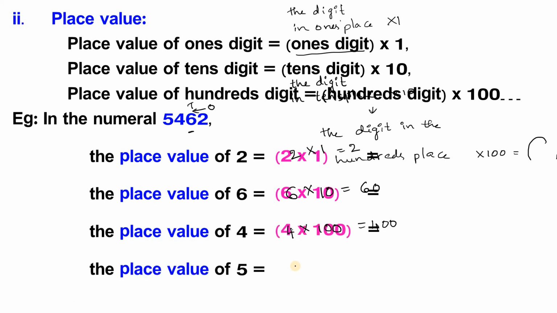Thousands place. So we should multiply the digit in the thousands place by 1000. The digit is 5 and we should multiply with 1000. So 5 into 1000 is equal to 5000. So the place value of 5 is 5000. Place value of 4 is 400. Place value of 6 is 60 and place value of 2 is 2.